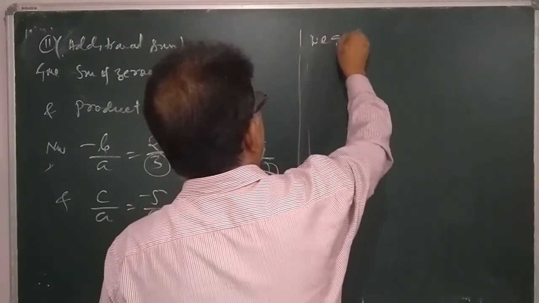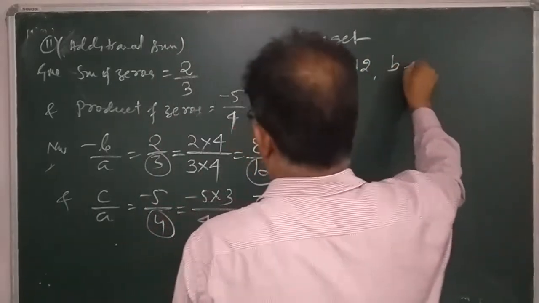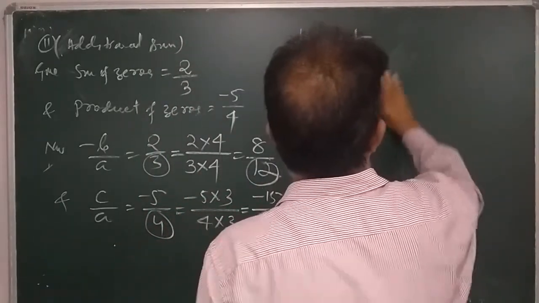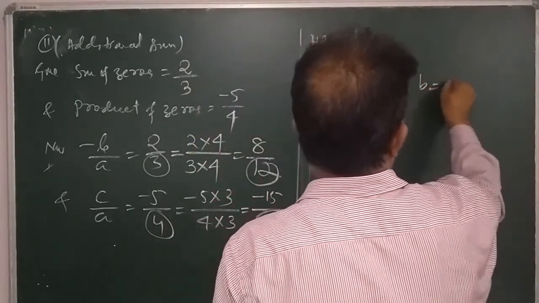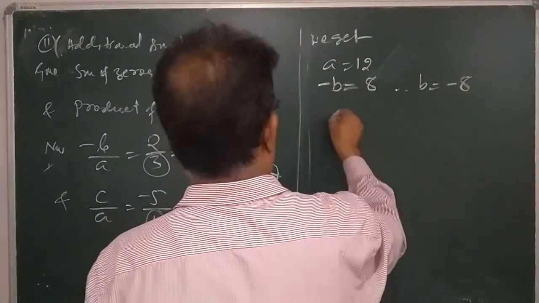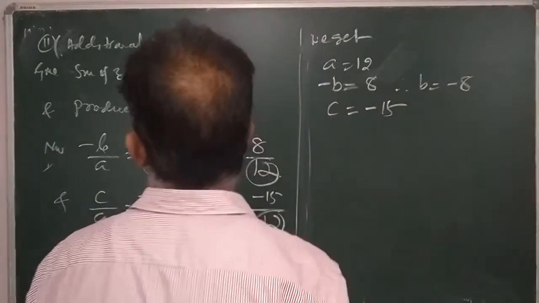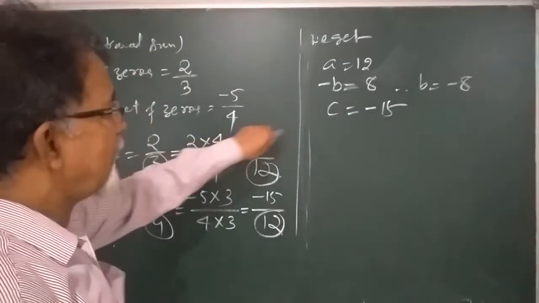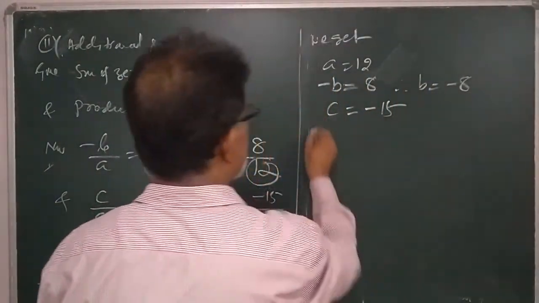We get A equal to 12, minus B equal to 8, therefore B is equal to minus 8, and C equal to minus 15.